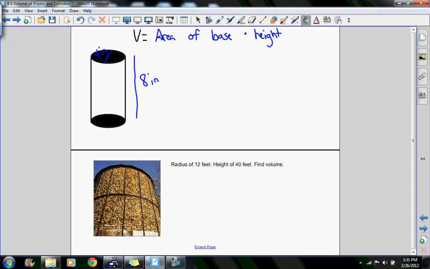Therefore, in order to find the area of the front face, we have to do the area of a circle, which is pi times r squared. And then we have to do it times the height, or this can also be called the depth. That's that three-dimensional measurement. It's going to change based upon every figure you're looking at. But you have to find the area of the face or the base times that 3D measurement.